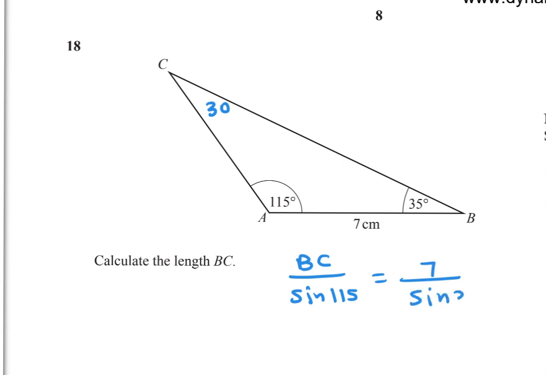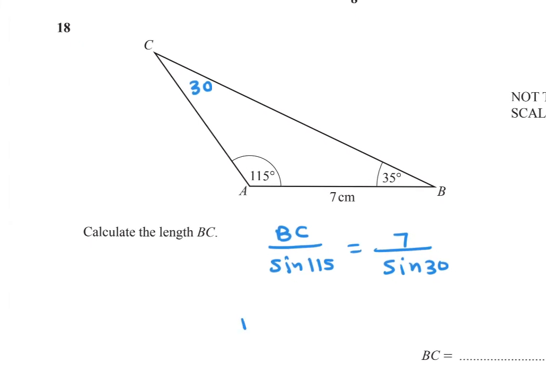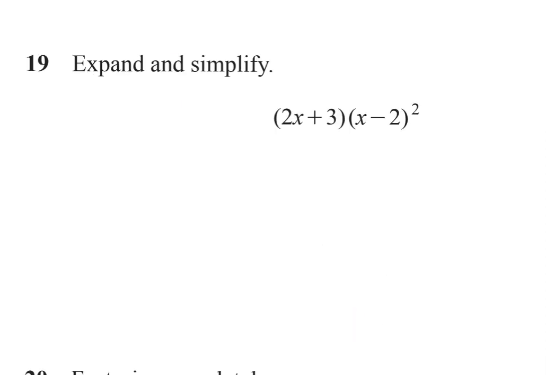Then cross multiply to find BC. So BC equals 7 multiply sine 115 divide sine 30 equals 12.7.